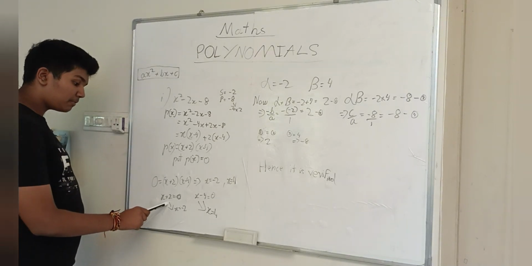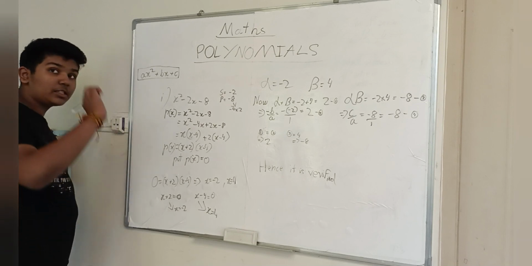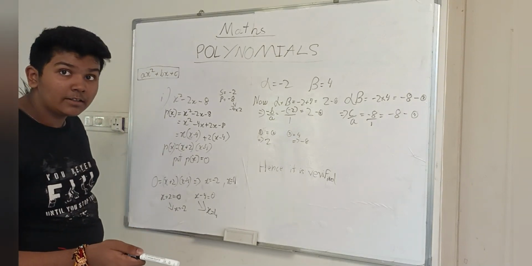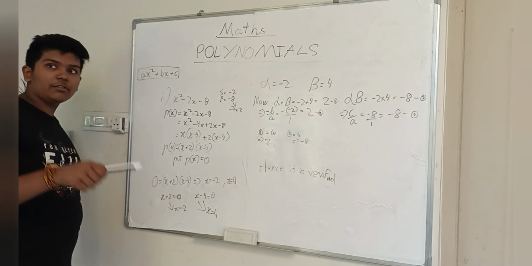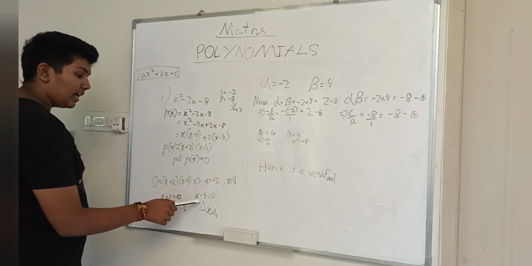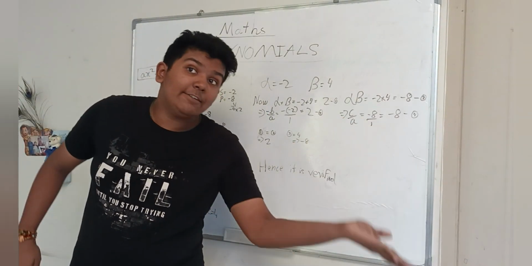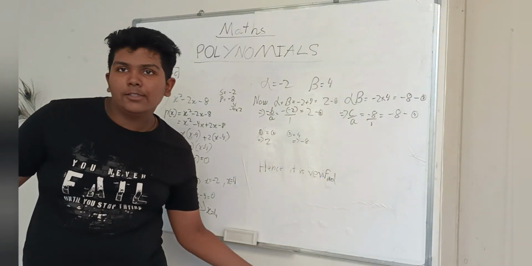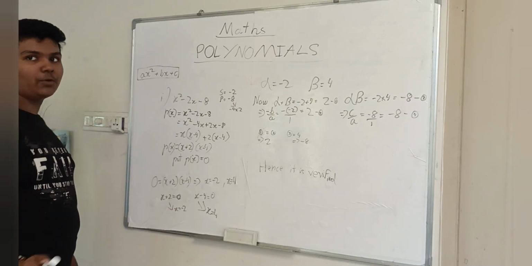Moving the positive 2 to the other side, what will we get? Negative, so x is equal to negative 2. And for the negative 4, if we move it to the other side, we get positive, so x is equal to positive 4.